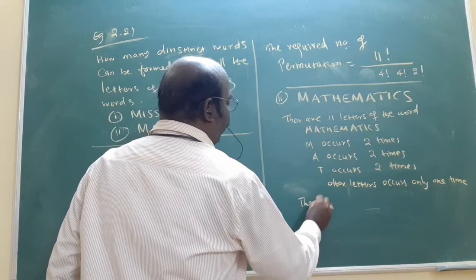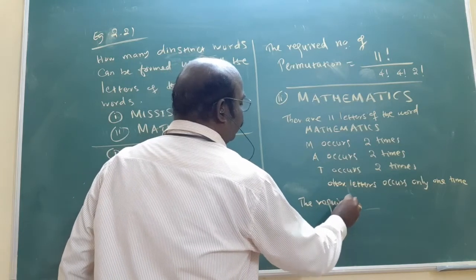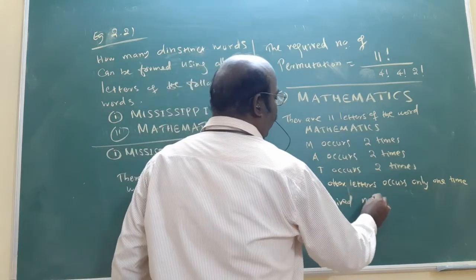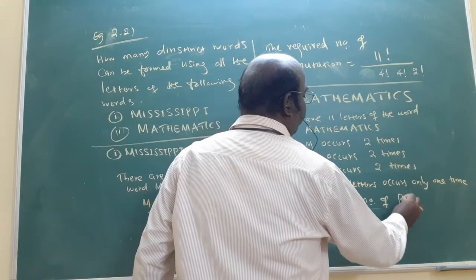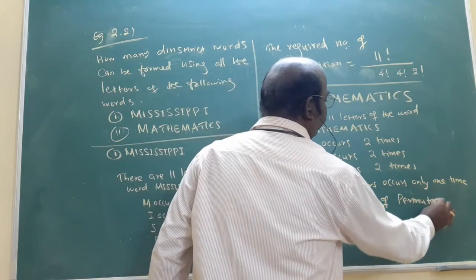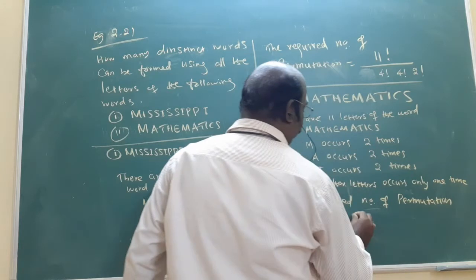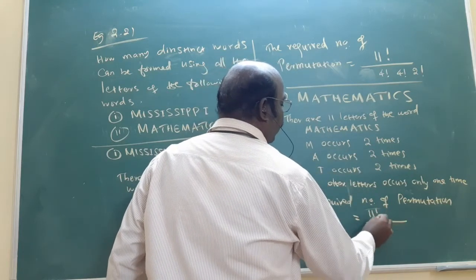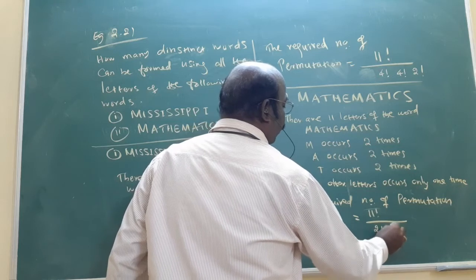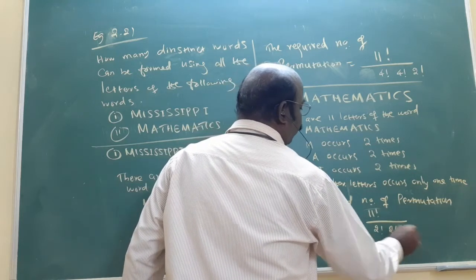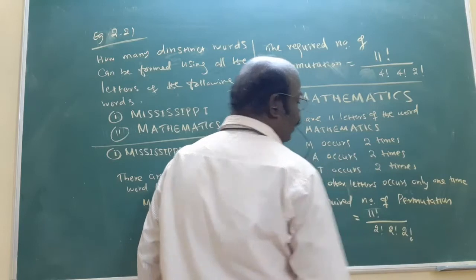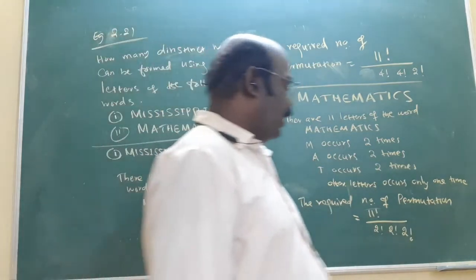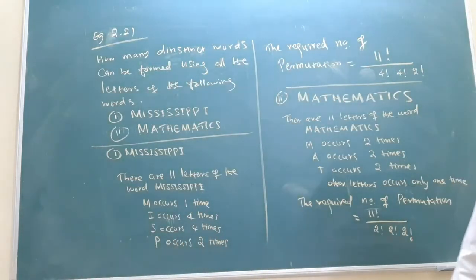Therefore, the required number of permutations is equal to numerator 11 factorial divided by 2 factorial, 2 factorial, 2 factorial. Remaining are 1 factorial. That's why we need not write. This is the answer. Very simple concept. Mississippi and mathematics, both are important concepts.